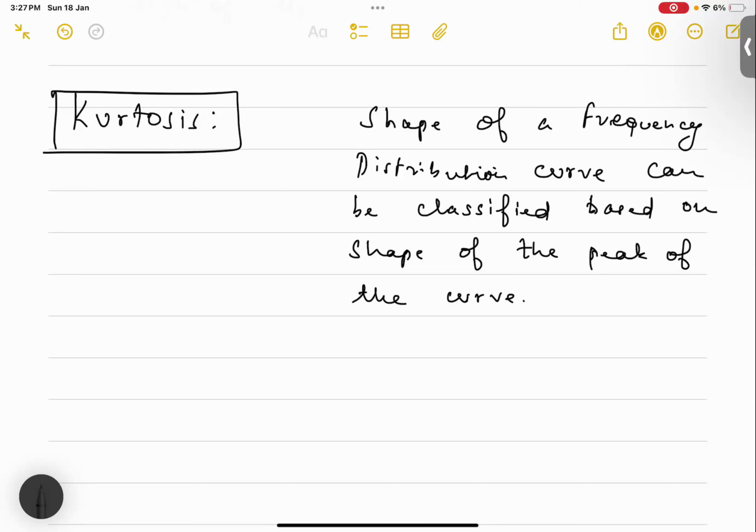So kurtosis is the study of the shape of the peak of the curve.